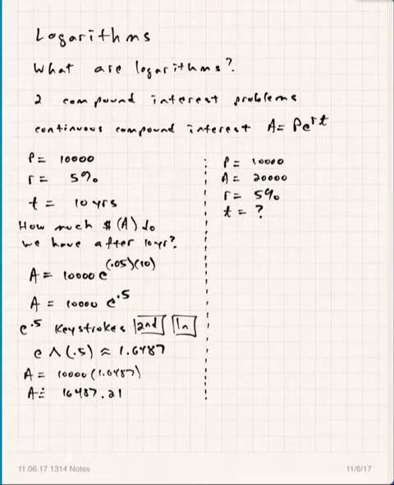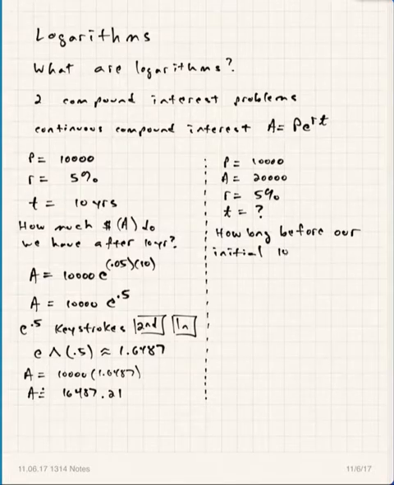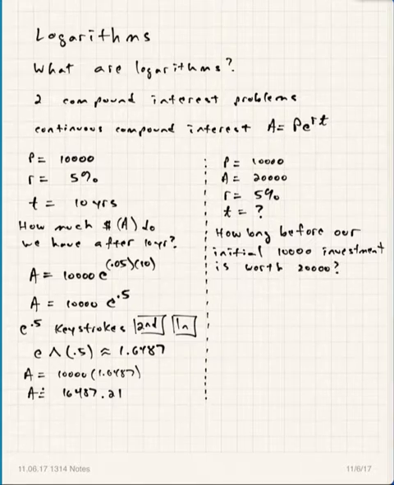So the question in a problem like this is, how long before our initial $10,000 investment is worth $20,000? How long does it take before it doubles?